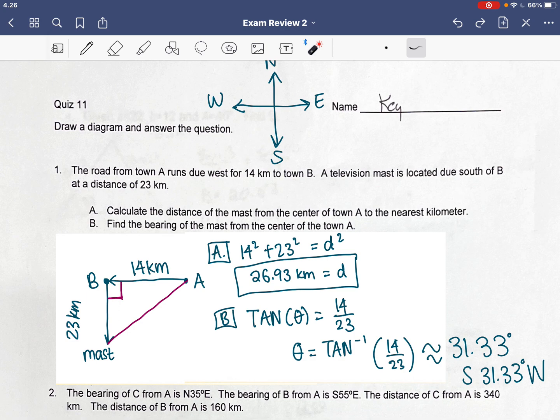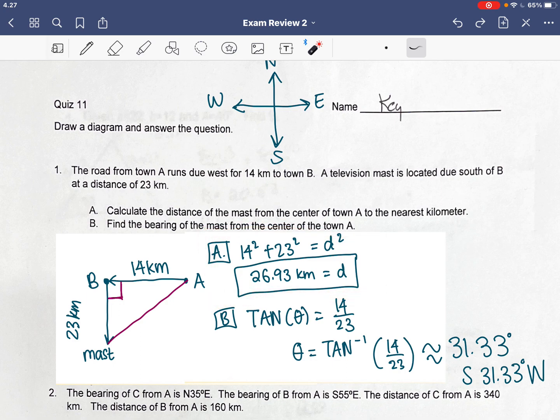So part A said to find the distance between the mast from the center of town A. So it is this distance, right? We know this is a right angle because we assume it goes straight. If they say from A to B, B to the mast, it's just straight lines, okay? So we're going to use Pythagorean theorem. So this is what happened here.